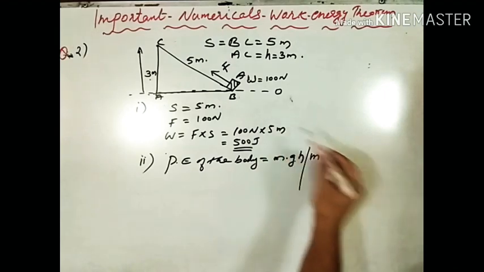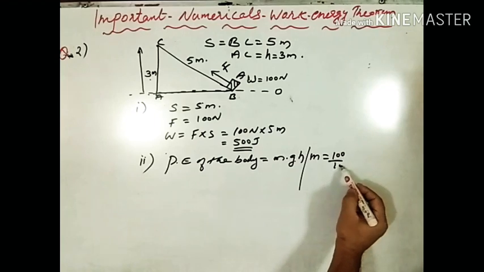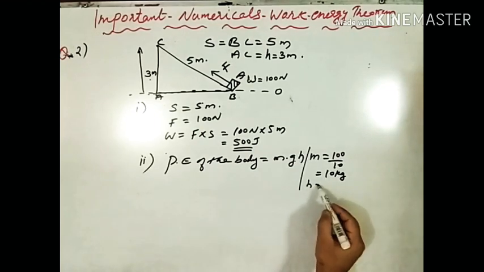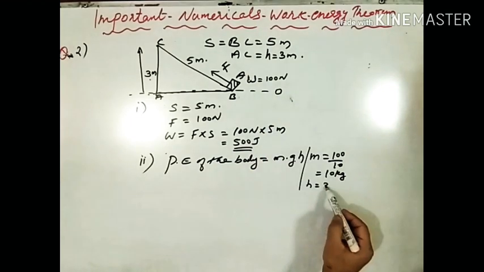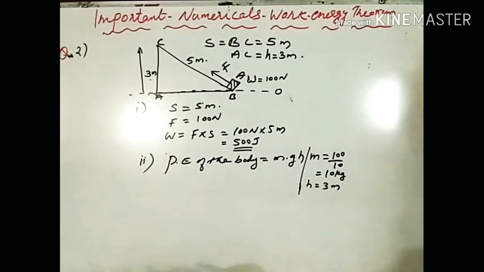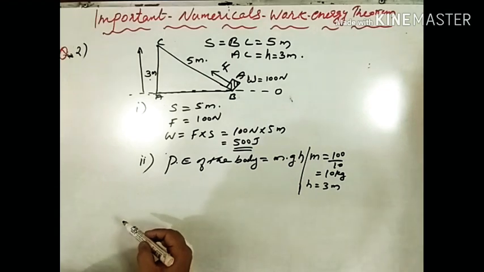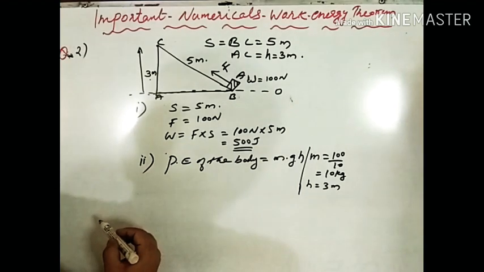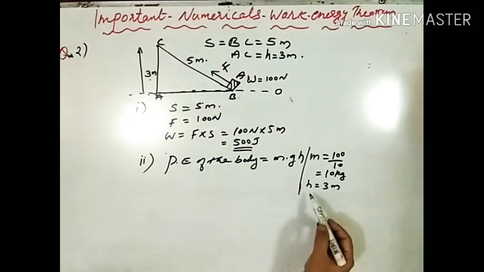Here, what is the mass of the body? Weight is given as 100 Newton, so mass is 100 by 10, that is equal to 10 kilogram. Height h is equal to 3 meter. The value of g, we can take it as 10, no problem.